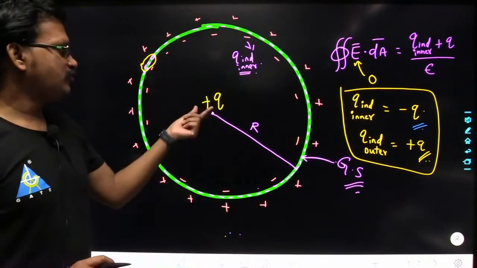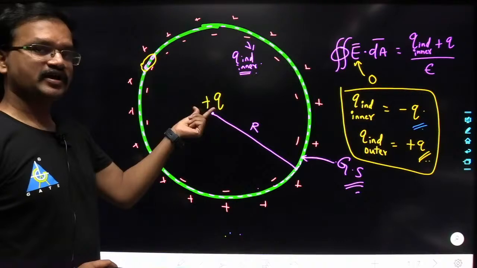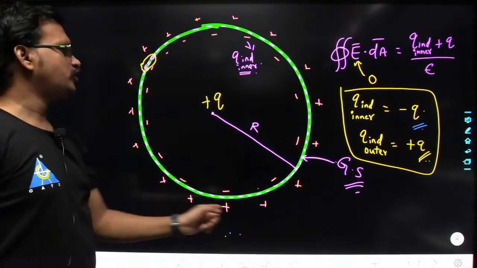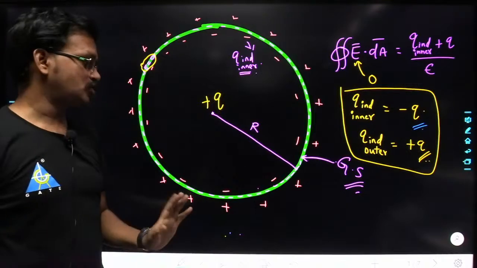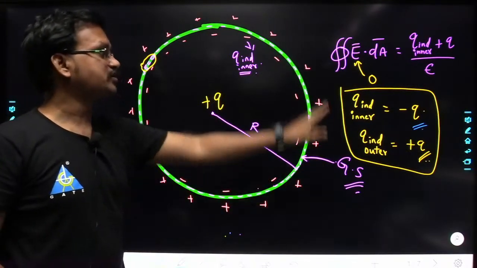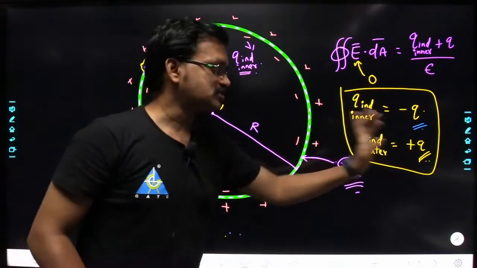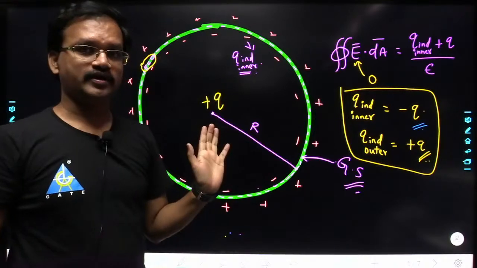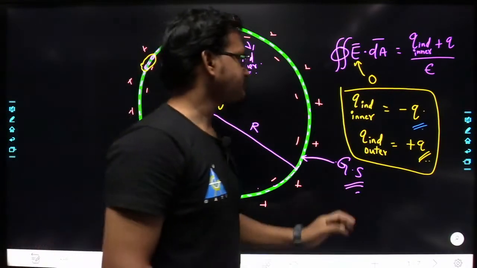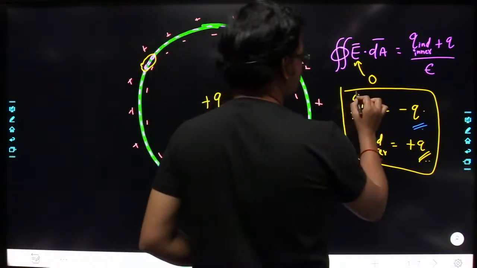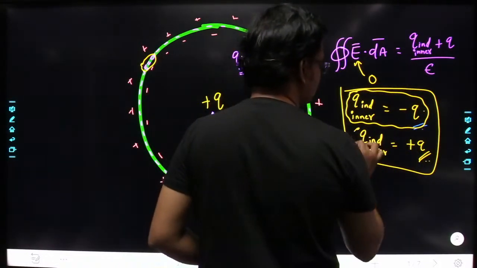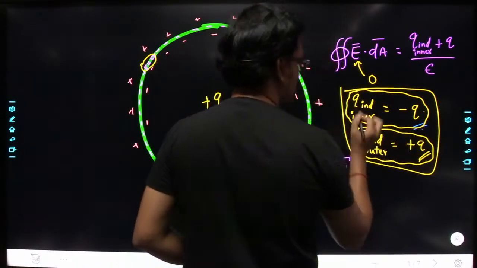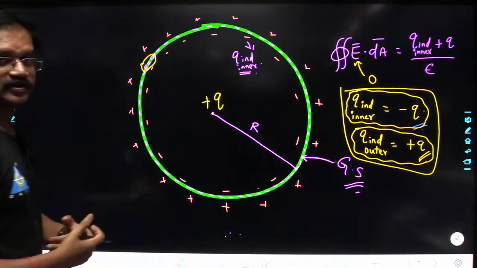So if you place plus Q charge here, the charge induced on the inner surface must be minus Q, and the charge induced on the outer surface must be plus Q. This is the induced charge on the inner side of the conducting sphere, and this is the induced charge on the outer surface.